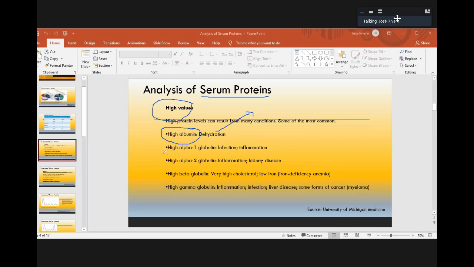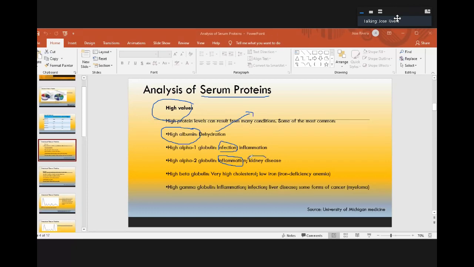Then you have the alpha 1 and the alpha 2. A lot of these have to do with inflammation. Sometimes they indicate infection or kidney disease, in the case of high amounts of alpha 2. And some of them have to do with cholesterol.